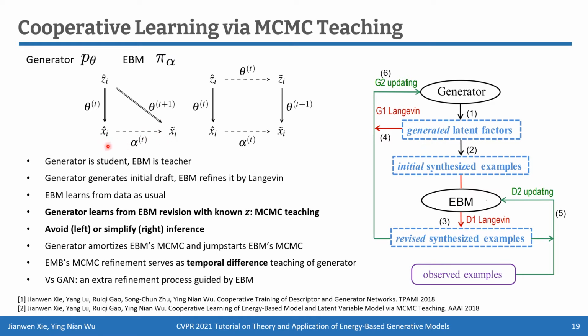You can think of this refinement process from xi hat to xi tilde as a temporal difference process, because you run some steps of Langevin dynamics according to the EBM. So you can think of this also as a temporal difference learning method. As I mentioned, this zi hat can also be inferred more rigorously, but then this Langevin dynamics can be initialized from zi hat, and zi tilde will only be a very small perturbation of this zi hat.